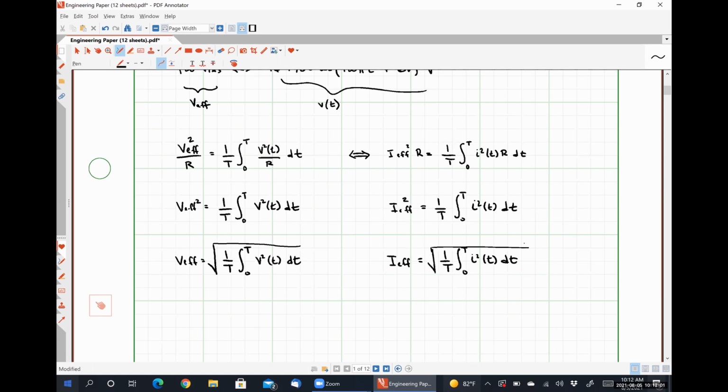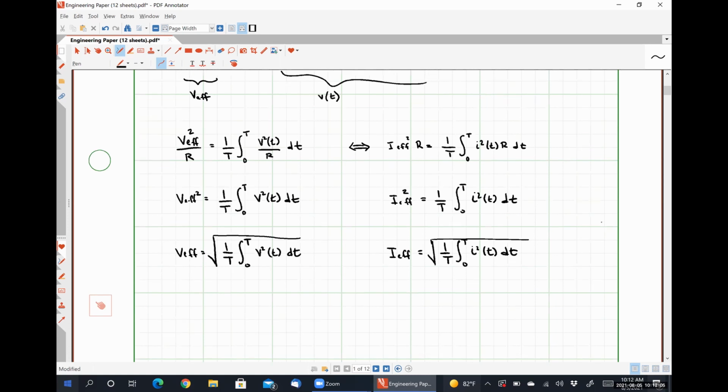All right. So let's put this equation into use. Actually, before we do that, I want to talk about one other thing here. Up at the very top, I called these both effective and RMS values. The reason they are called RMS values is because we're taking the square root of the arithmetic mean of the square of the signal.